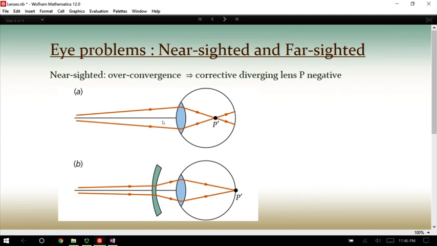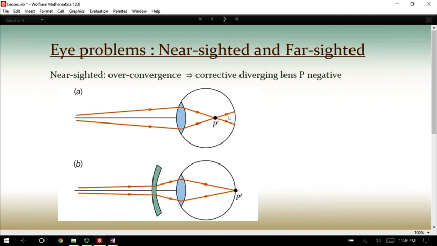If it's a near object, as long as it's away from the eye by at least 25 centimeters, the eye can still see it. But if the object is very far away, then the rays of light coming in, because the eye lens has become over converging, instead of forming an image on the retina, the rays converge well before reaching the retina, which means by the time they reach the retina, it looks like a blurred image.